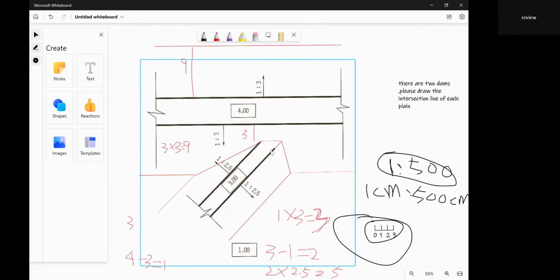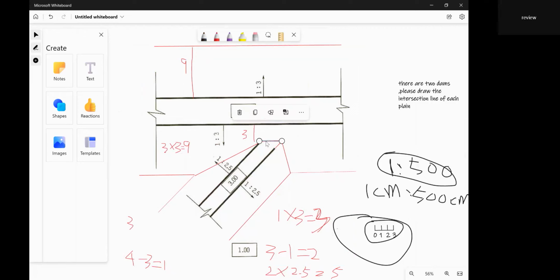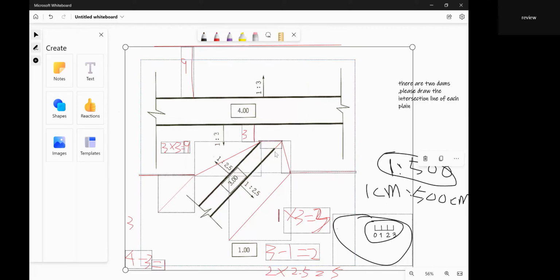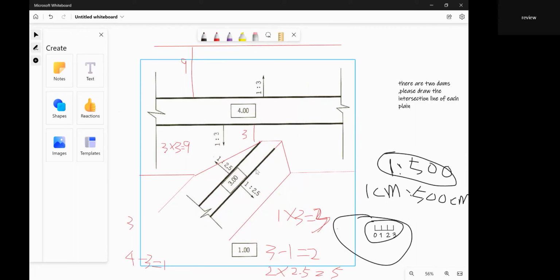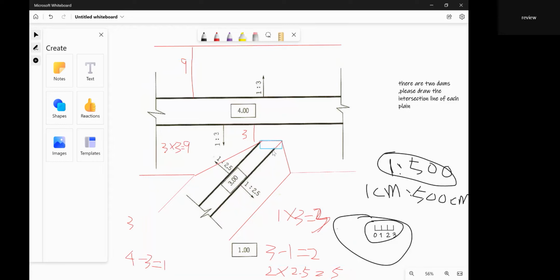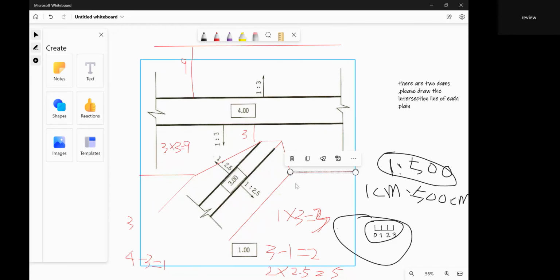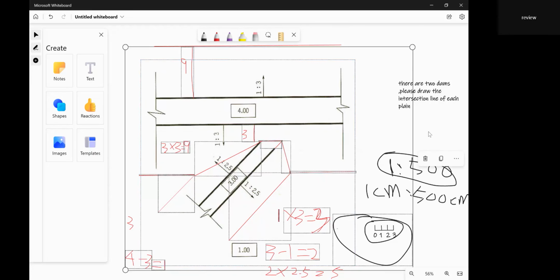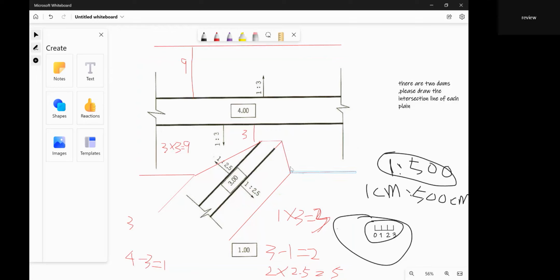Now you can see this line's elevation is 3, and this line's elevation is also 3. To find the cross point, we must prolong this given line and get the cross point, then connect this point to this point, and then connect these two points. We also have to prolong this side.